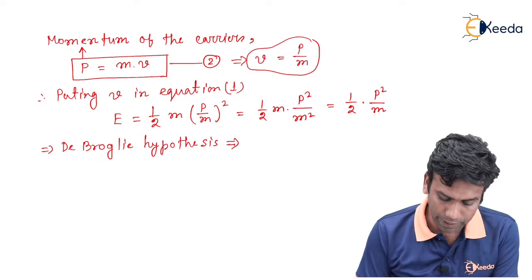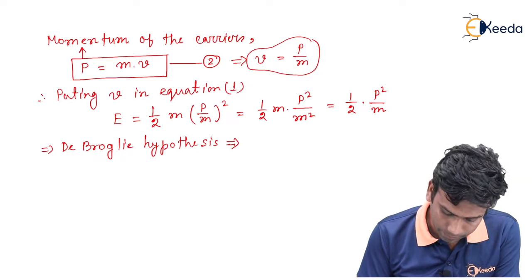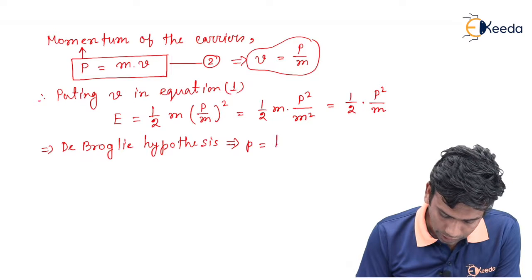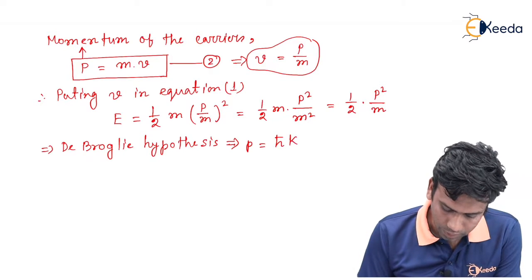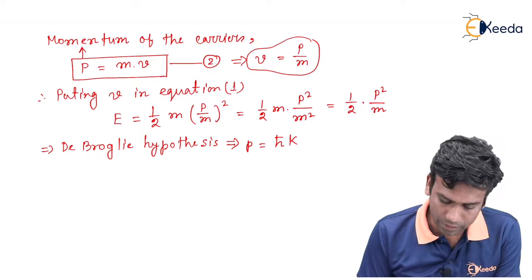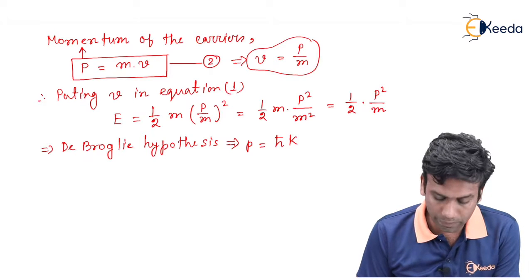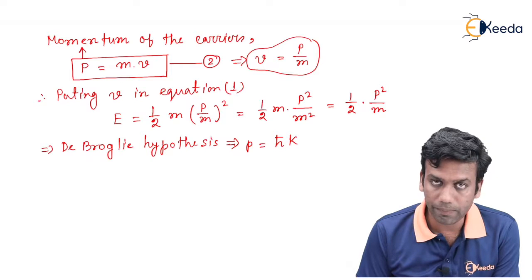According to the de Broglie hypothesis, we know that the momentum p is equal to h cut k, where h cut is the reduced Planck's constant and k is the wave number of the wave.